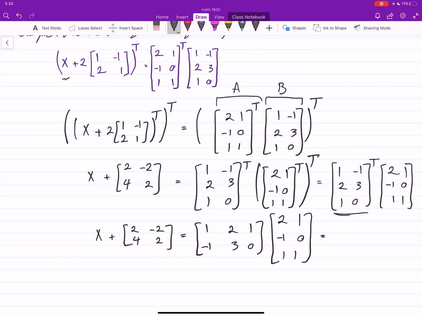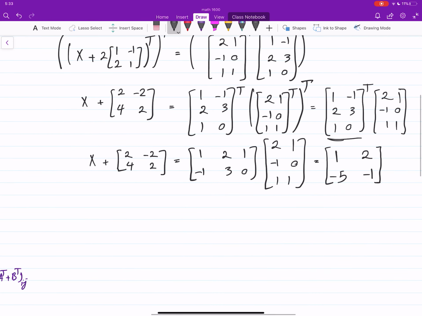And the result of this matrix multiplication: 1, 2, 1 times 2, negative 2 plus 1. This is 1. This guy, 1, 2, 1 multiplied by 1, 0, 1, gives us 2. Negative 1, negative 5, this guy. And this will give us negative 1.